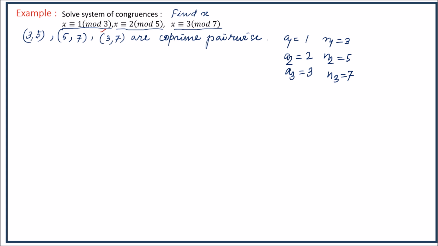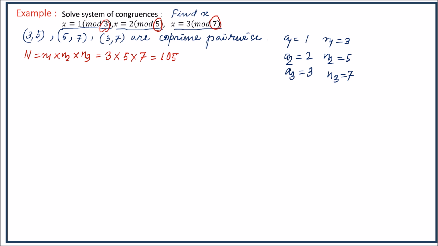This is your N1, N2, N3. The next is to find N. N equals N1, N2, N3. So here if we multiply 3 times 5 times 7, it equals 105. So first step is complete.